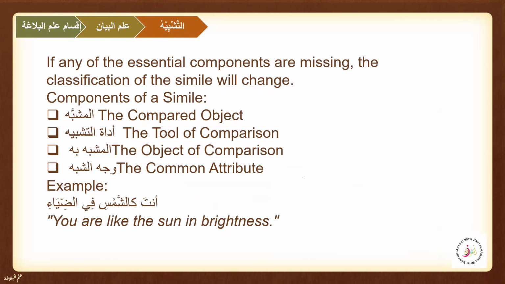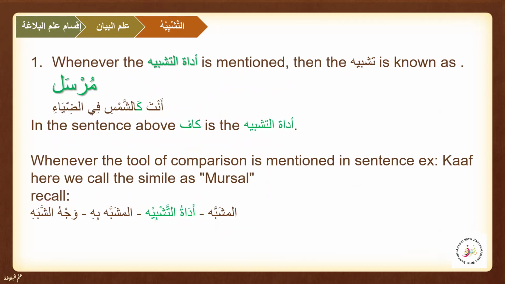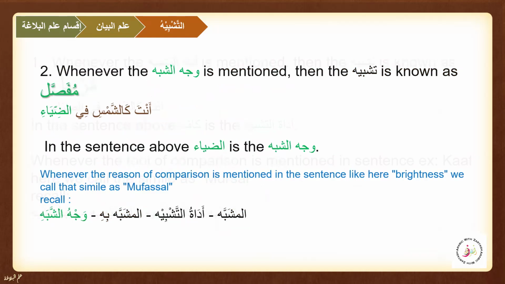Then we learned about its different types, and we looked at different types of similes based on these components: the mushabba bihi, the adatu tashbih, the wajh shabah. With that we learned about the tashbih that is mursal. When an adatu tashbih is present, that tashbih is called the mursal tashbih.